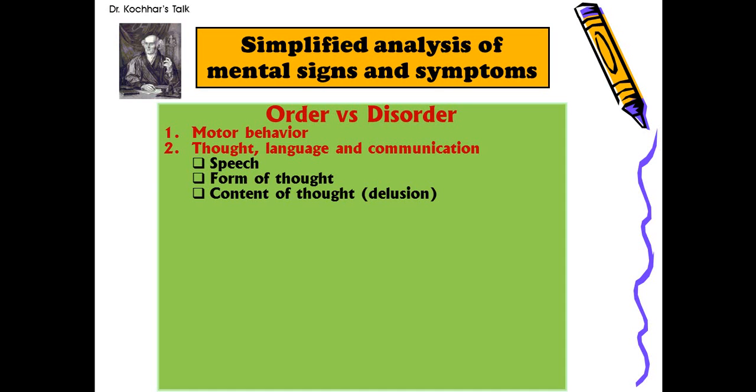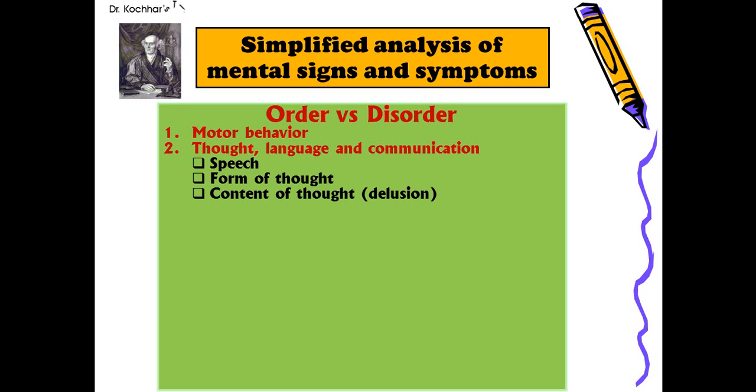You cannot see happiness, but you can see cure. You may argue as a philosopher. So you have always to see order versus disorder. Whatever is disorder, that is important. Whatever is order, they don't come to us as physician.